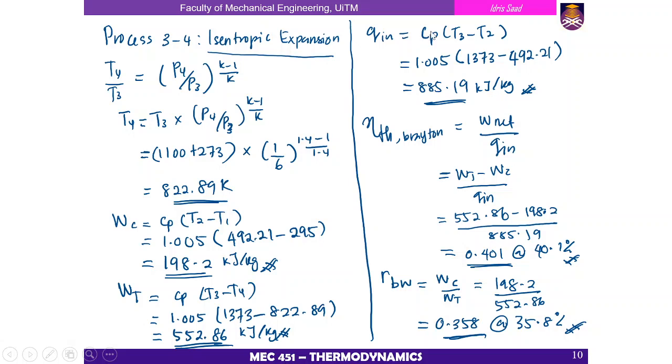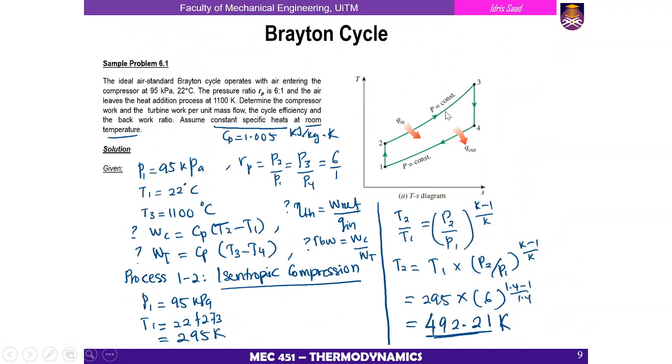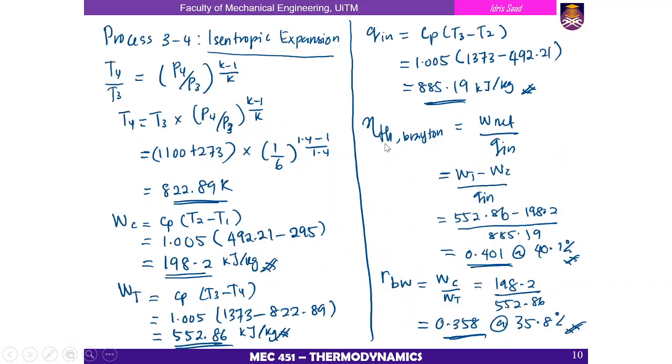Total heat injected uses Cp, constant pressure, times temperature 3 minus temperature 2. So we have the heat injected, and from the heat injected and the work net, we get the efficiency of the Brayton cycle at 14.1%.